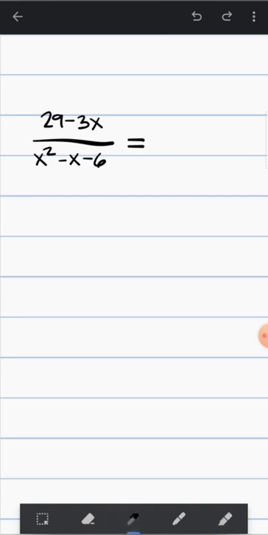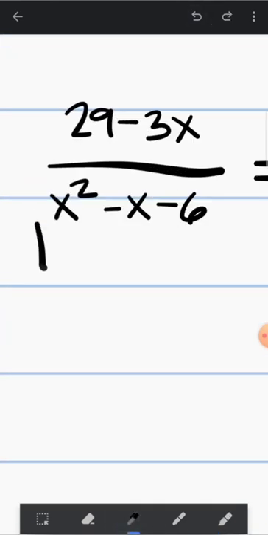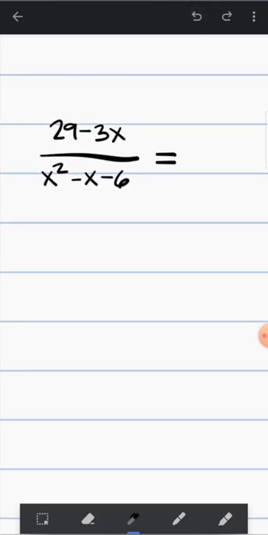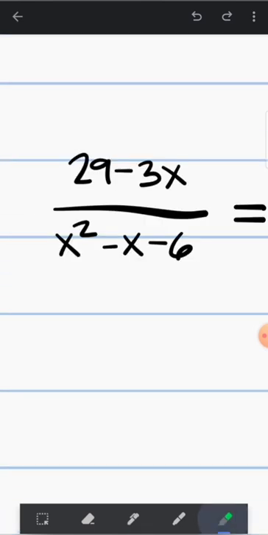And then the next step is to factor the denominator. So get the factors. If you're not good at factoring yet, I suggest to watch the video on the I button above. I'll explain all the possible cases on factoring. It includes this type.